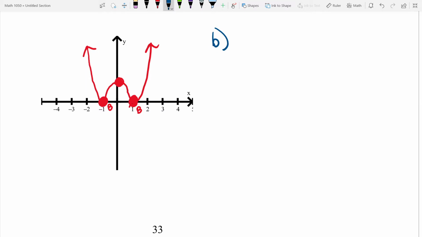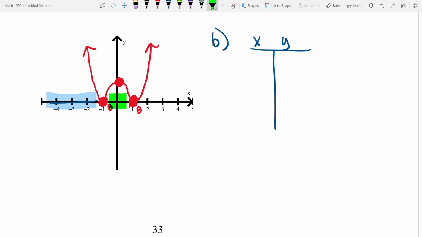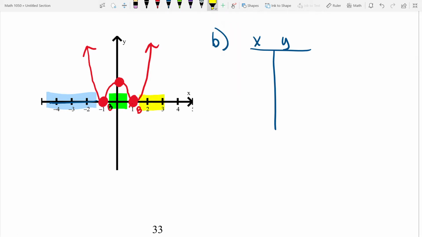Somebody answered this question. If I have two x-intercepts, like I have on this graph, how many regions do I have to test? There are 3. Look right here. Here's one in blue, there's one right here in green, and there's one right there in yellow.